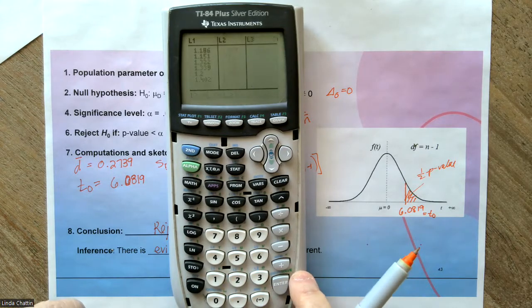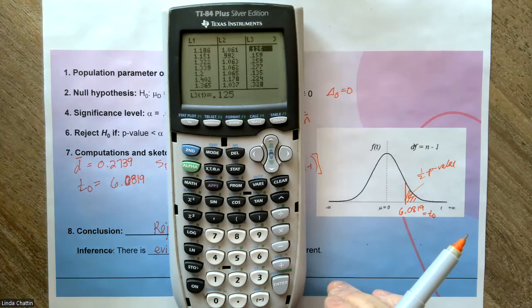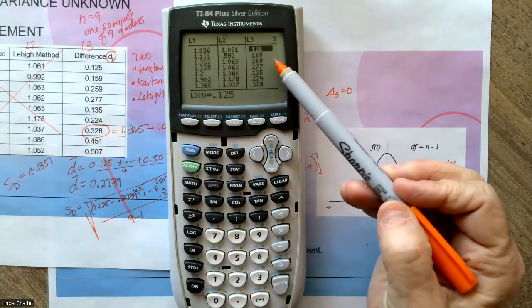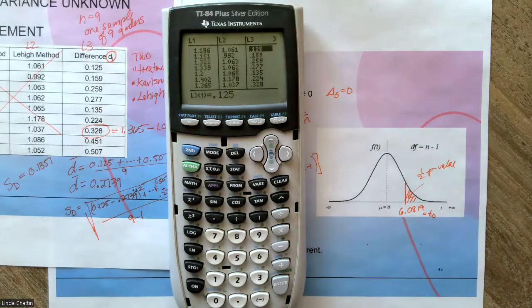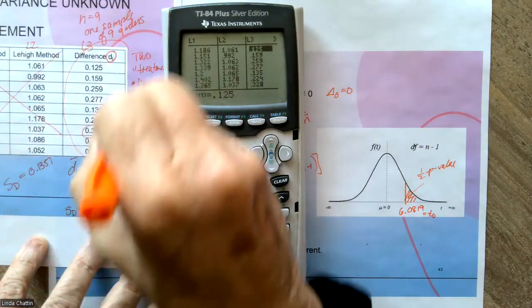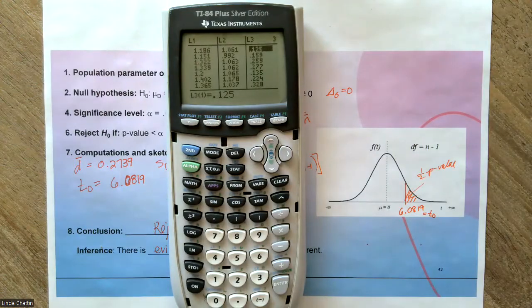And when I hit enter, it will generate that entire column for me. And you can see that it'll be exactly the column that I showed on the paper here, 0.125, 0.159, and so on. So I'm going to be performing a t-test on this column, not on the original data. I use the original data just to generate the column.